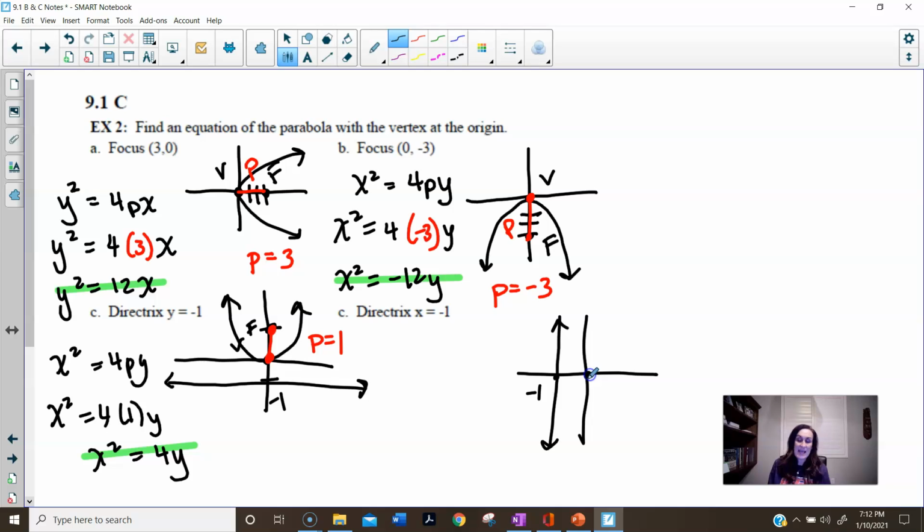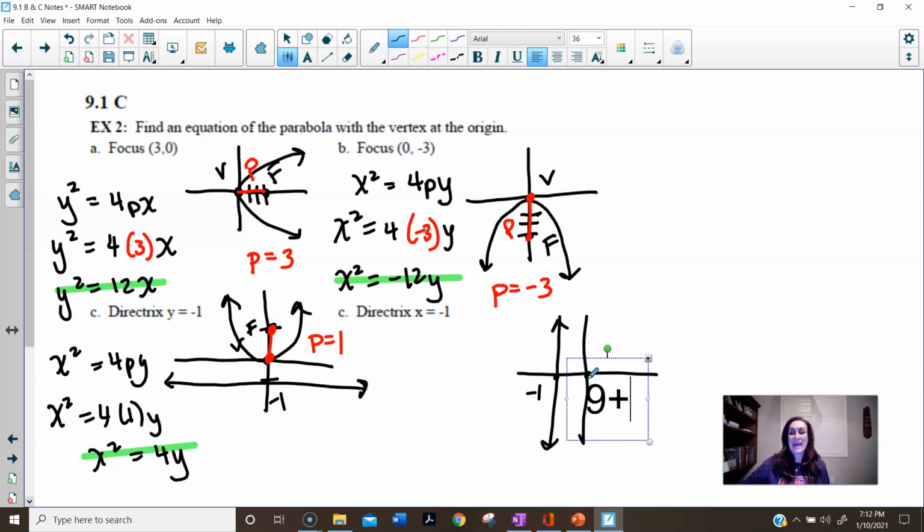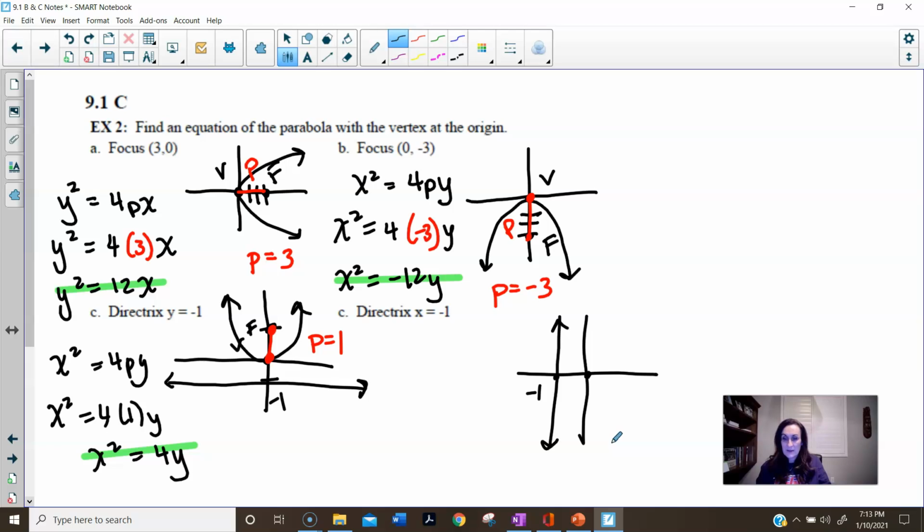The vertex is at (0, 0), and the focus is going to be at +1. So here's your vertex. And so this parabola is going to be opening up to the right. So this is going to go in this direction.